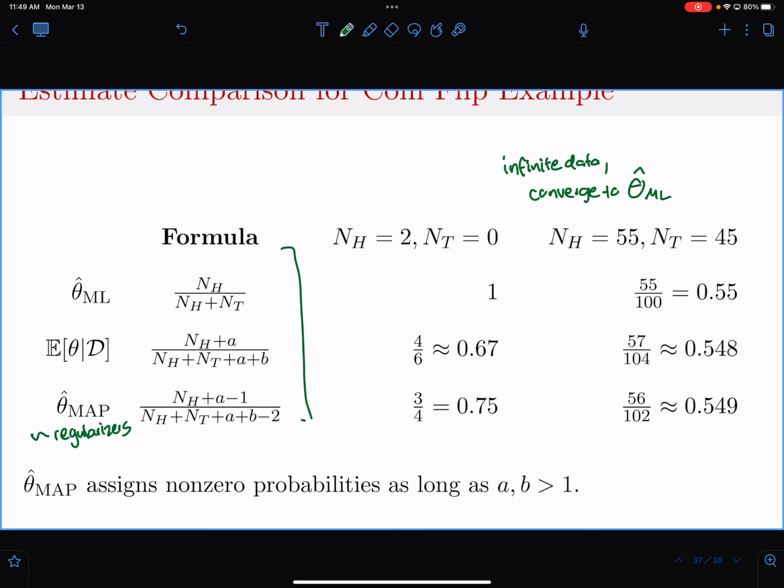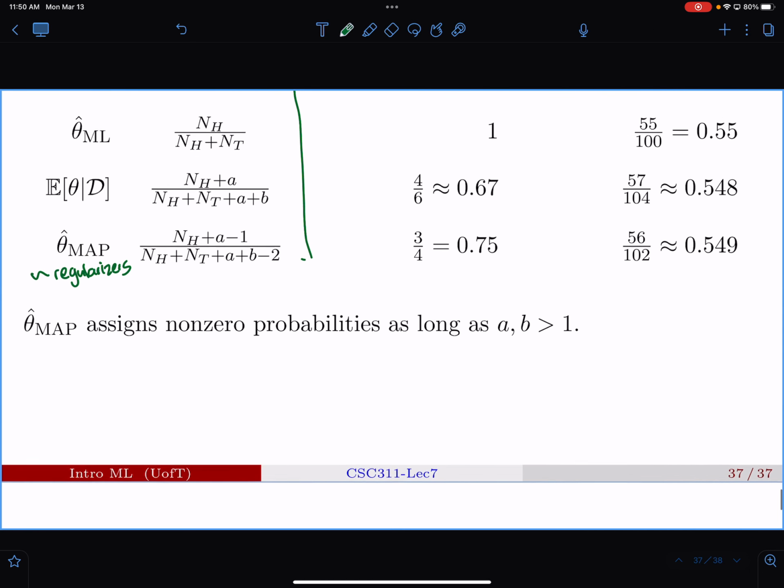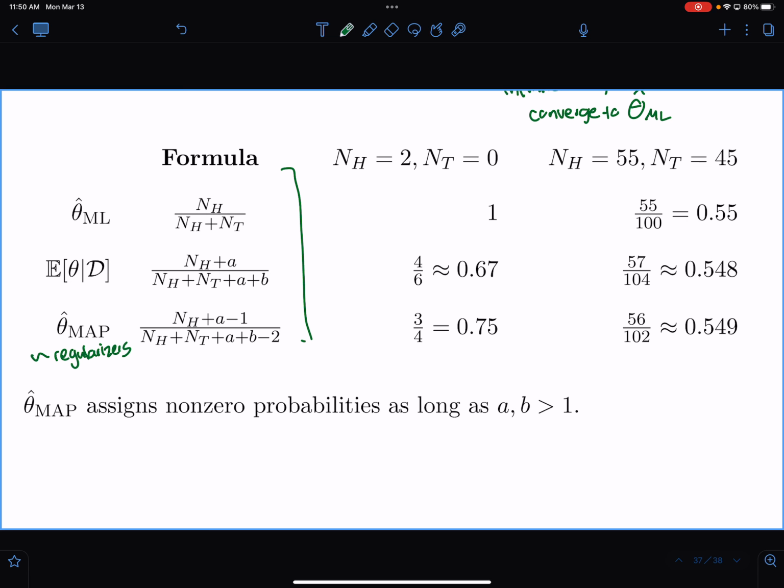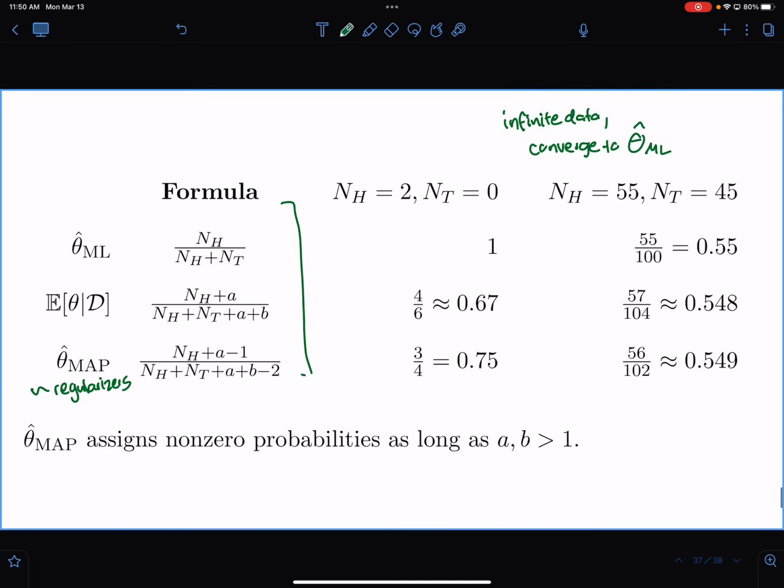So you can see, if you have a lot more observations of heads, all the estimates become quite similar. Okay, so that's the end of this lecture. There are 3 potential estimators you can use if you're using this generative approach. Any questions here?